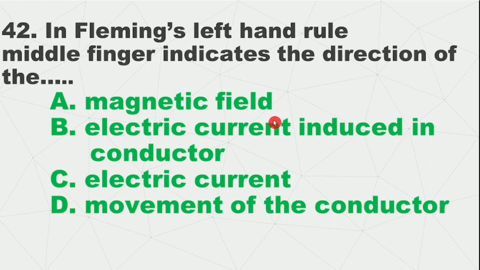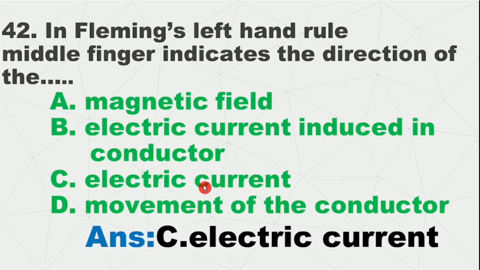If you know this rule, you can easily write option C: the middle finger indicates the direction of the electric current. So very important, left hand rule or right hand rule. Don't forget the question.